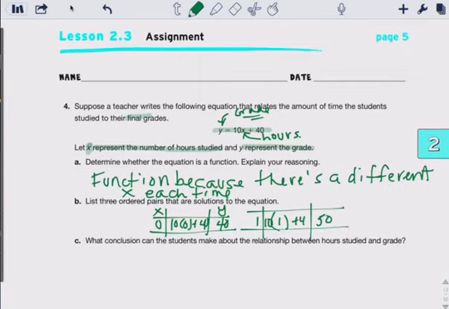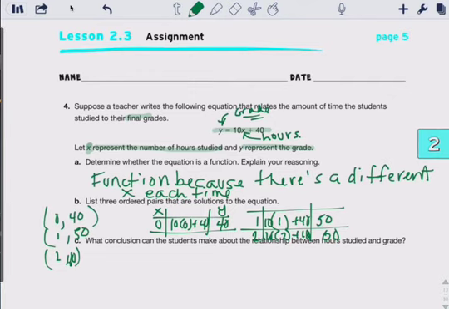Still not much better. So your ordered pairs are 0, 40, 1, 50, 2, 10 times 2 plus 40 is 20 plus 40 is 60. 60%. Okay, that's our 3 ordered pairs.